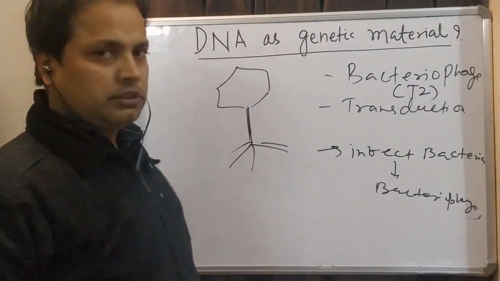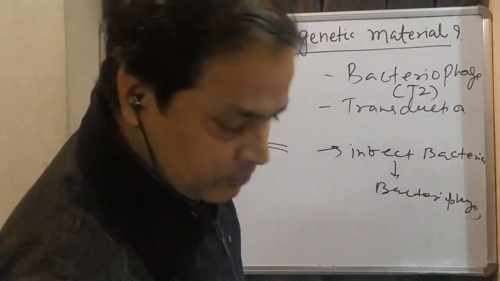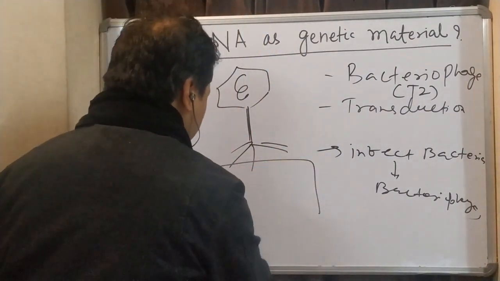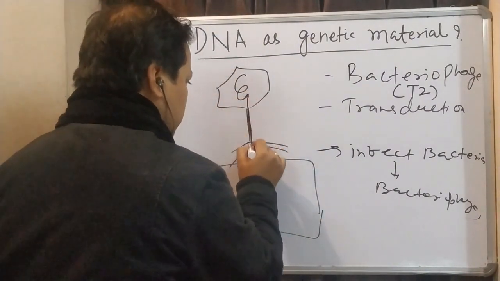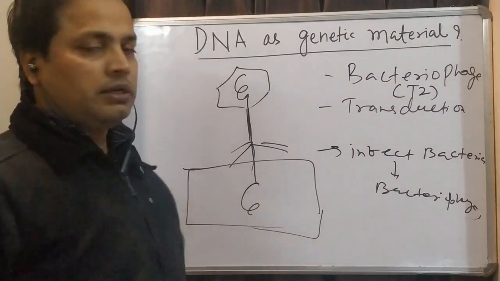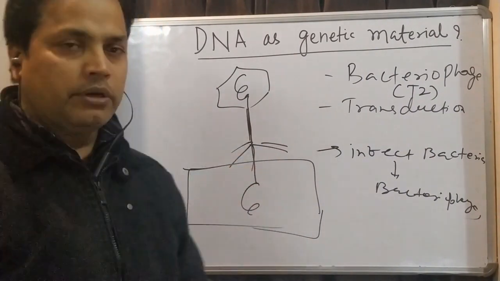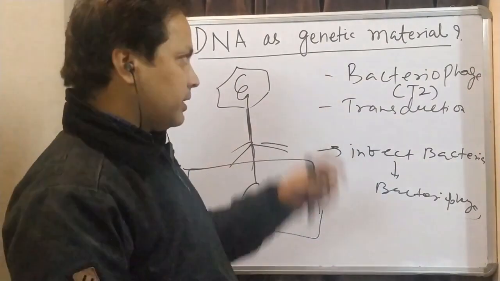This hexagonal structure is called the capsid, which has the DNA. When this bacteriophage infects any bacterial cell, it transmits only its genetic material to the bacterial cell. So only DNA comes to the bacteria, not the capsid or the leg piece or any other portions. So that is bacteriophage.